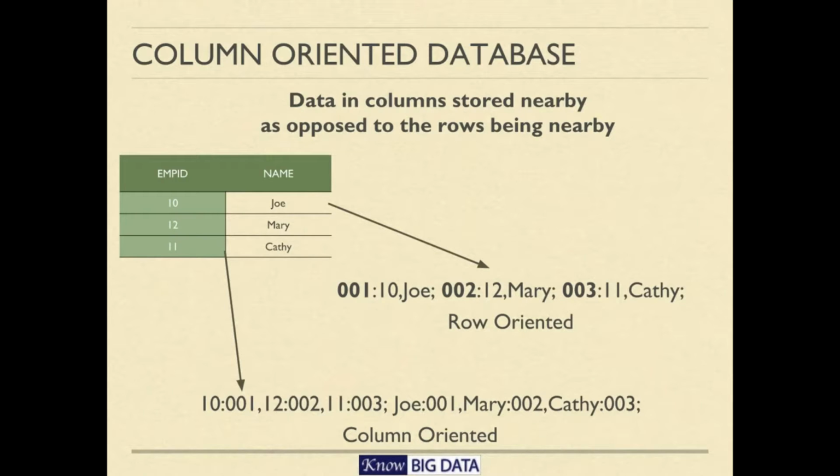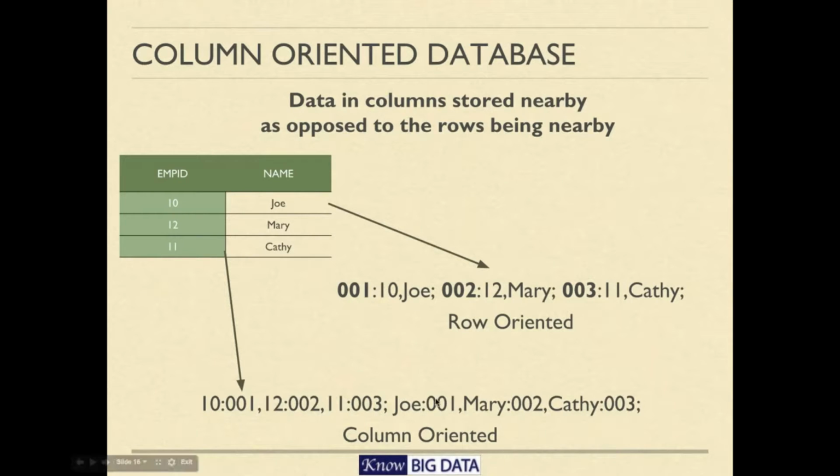One, you first store each row into the file. You first store the first row, then second row, then third row. The second way could be that physically you store the first column first, second column afterwards, and third column.